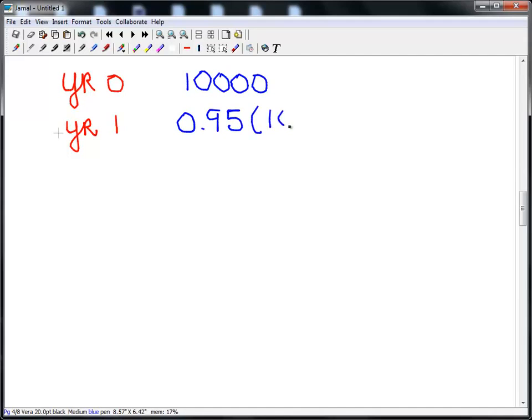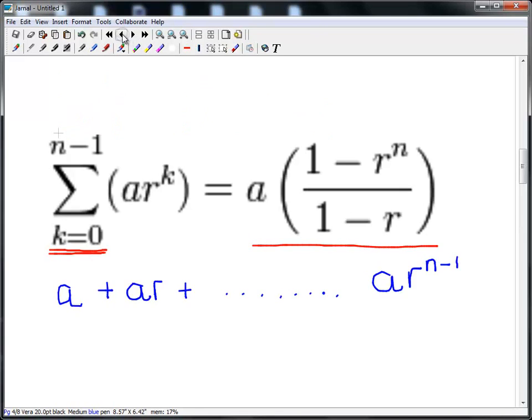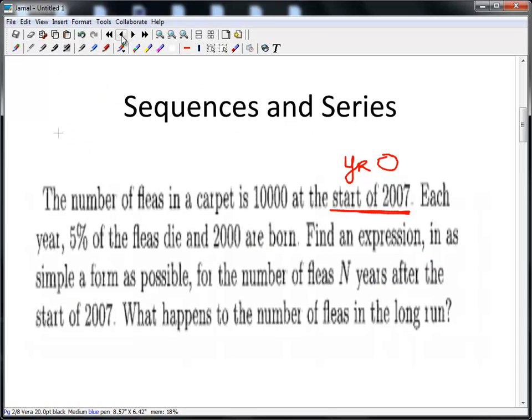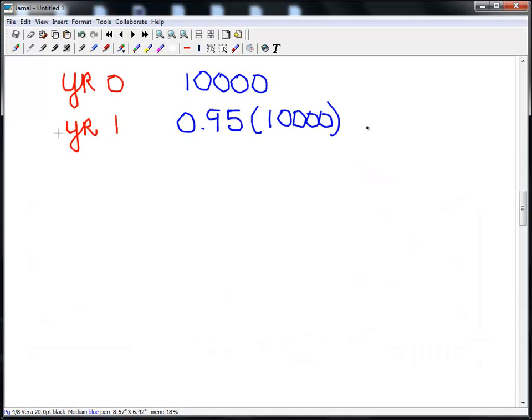But that's not all. We are additionally told that 2,000 are born, so it's a constant increase of 2,000. That's year 1.